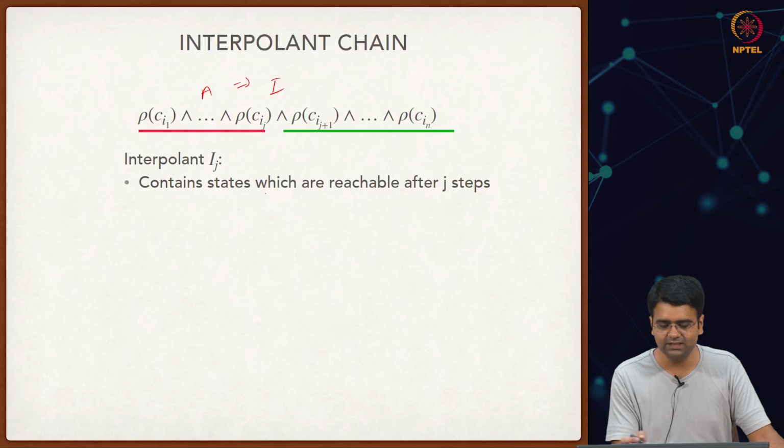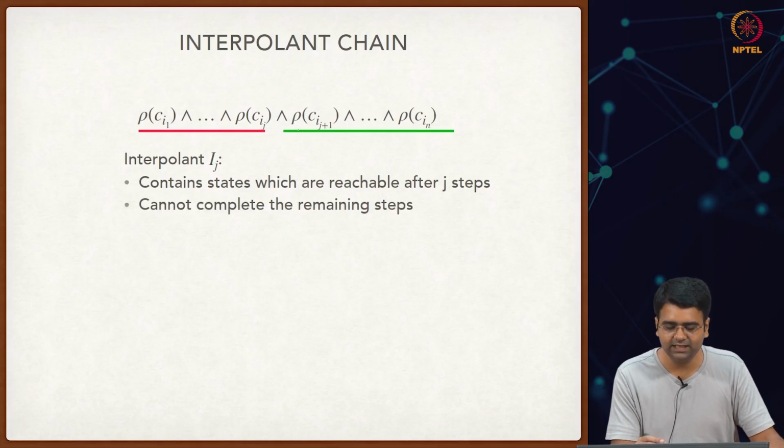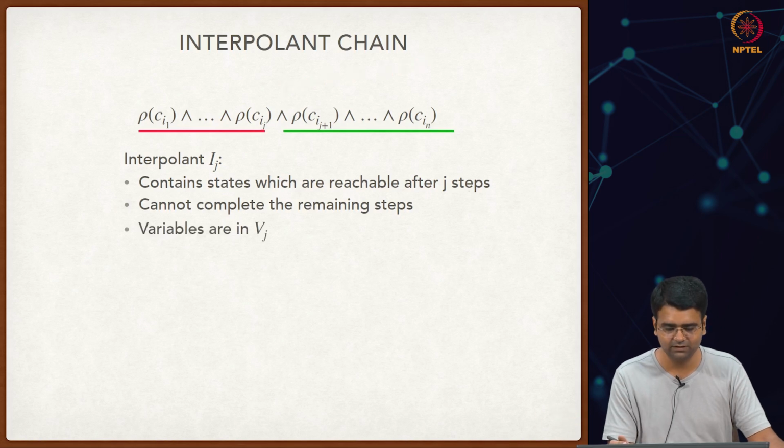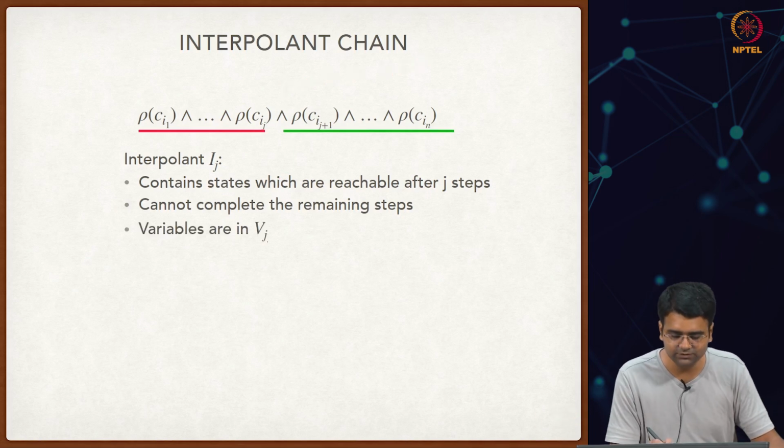So these are states which are reachable after j steps, but they cannot complete the remaining steps, because I know that the entire formula is unsatisfiable. So I and the rest of the formula B is unsat. So these are a set of program states which are reachable after j steps, but they cannot complete all the remaining n steps. Okay, and all the variables of this formula are going to be in Vj, right.